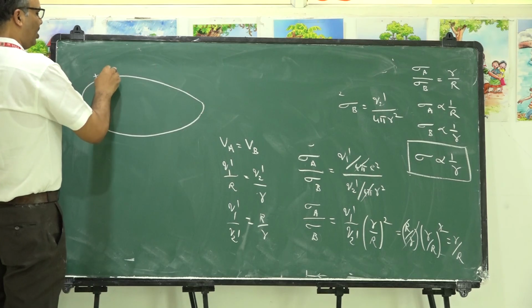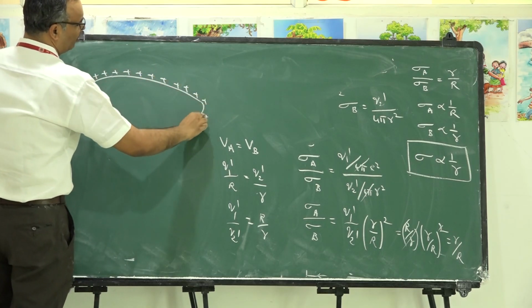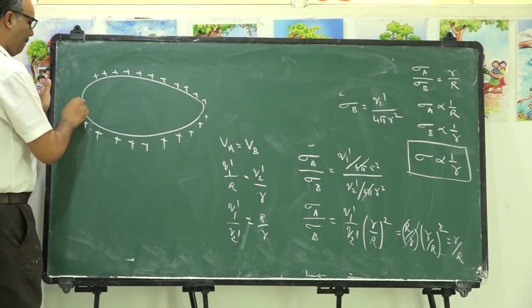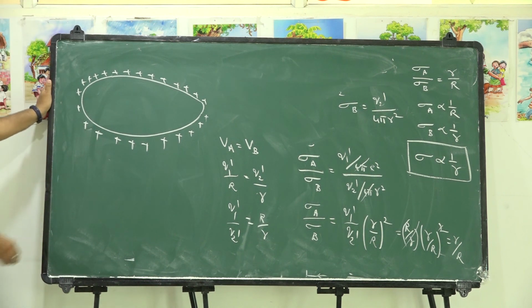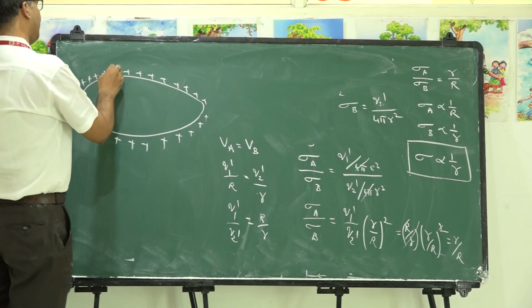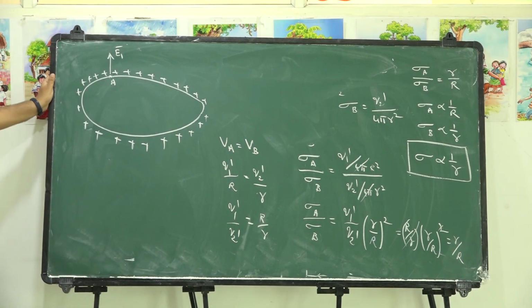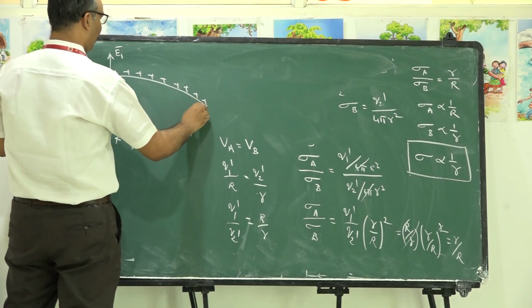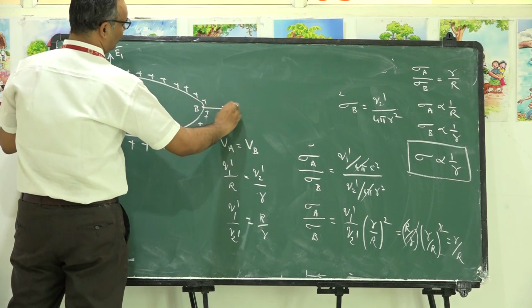This conductor is provided with some positive charge on its surface. If you observe a point A here, the electric field E1 bar is like this. One more point, if I take B here, the electric field is E2 bar like this.